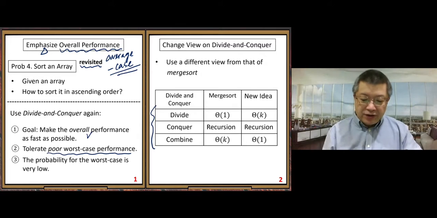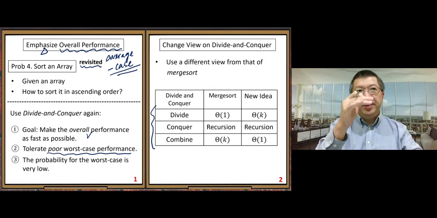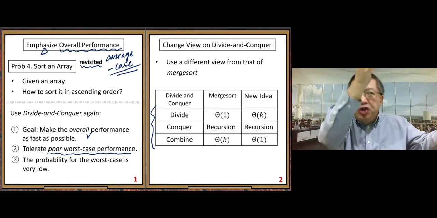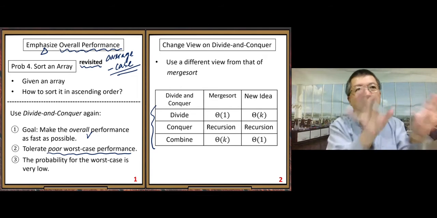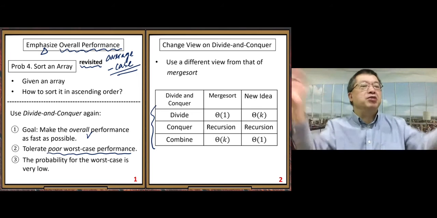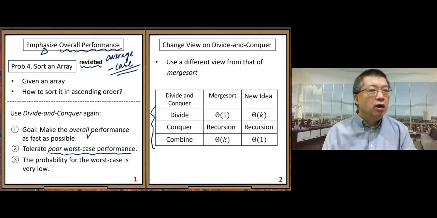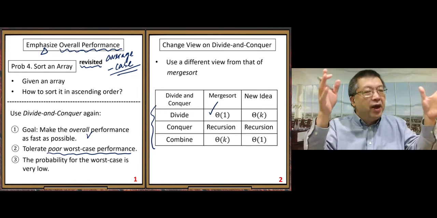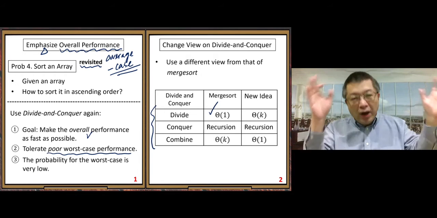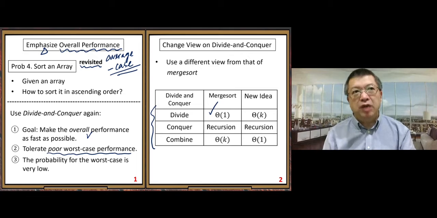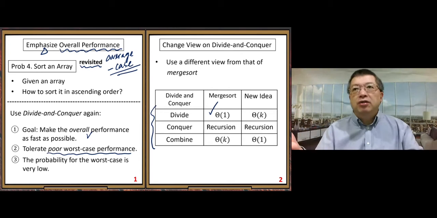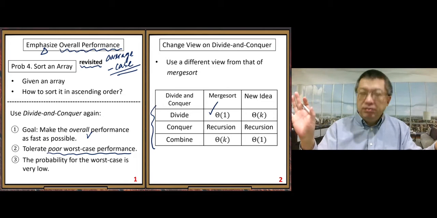First, the divide step. We know merge sort is very fast here, because we chop the array right in the middle to get 2 subarrays. That's it. In that way, we get big theta of 1 efficiency. Then conquer is recursion, which is automatic, so we do not need to do anything on it.